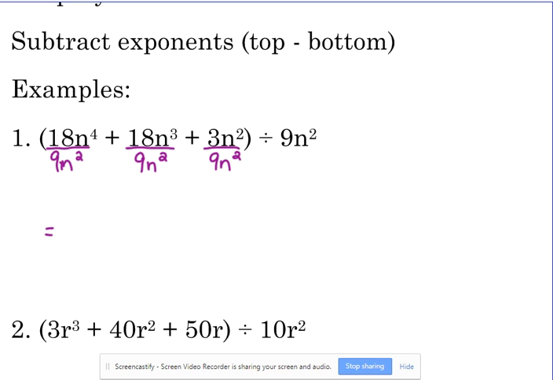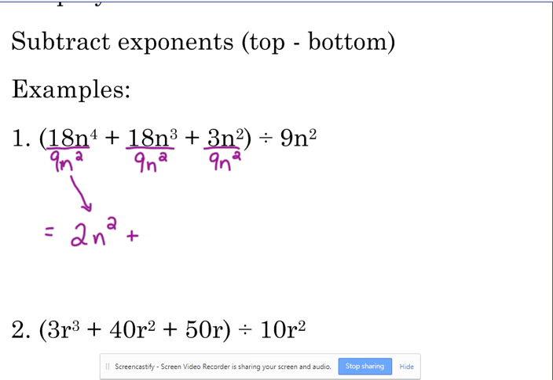So 18 divided by 9 is 2, and n to the fourth divided by n squared, we subtract those exponents. So 4 minus 2 is 2. That result is 2n squared. I'm just going to draw an arrow so that it's clear that that came from that first division.